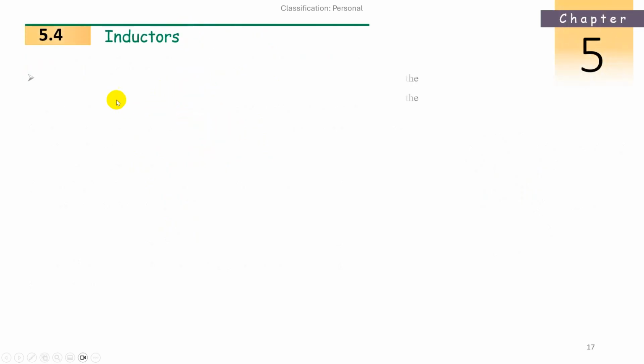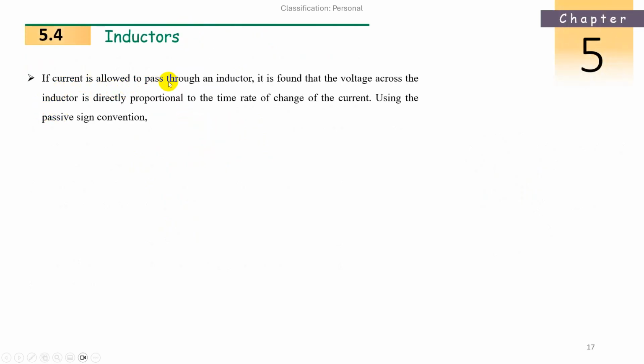Now come to the voltage and current relationship. If a current is allowed to pass through an inductor, which is basically a wire, a current can pass through a conducting wire.